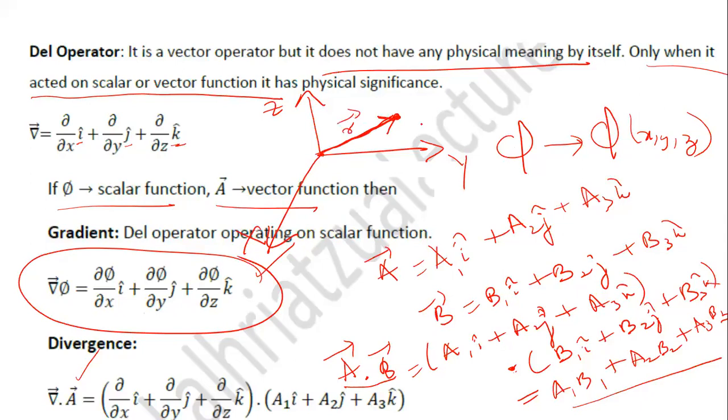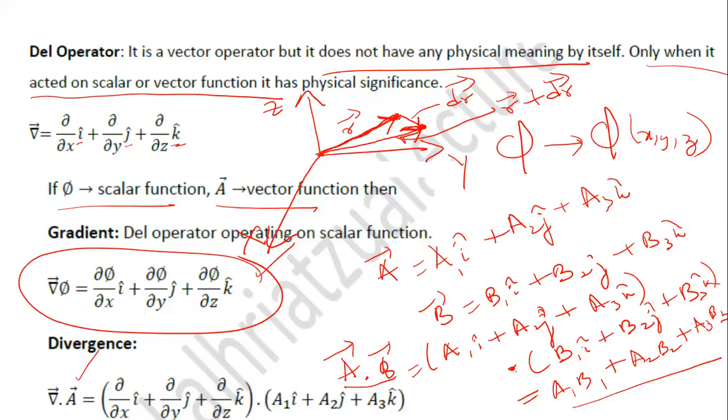Now, if you move to another point here, this small change in R vector is called dr vector. The new position vector, by the vector addition law, will be R vector plus dr vector. I hope you know this. So dr vector is simply the change in the position vector.